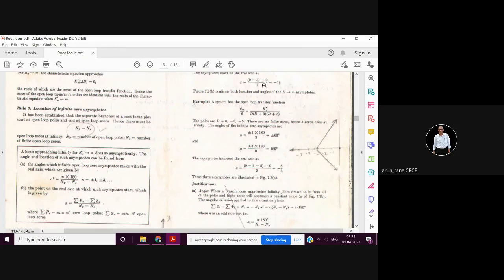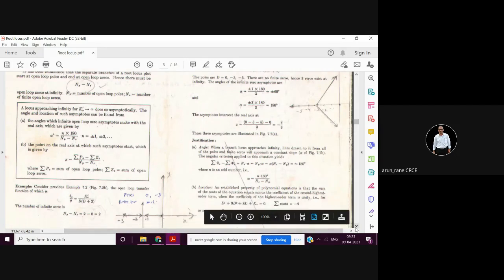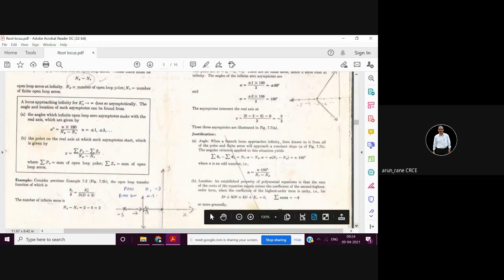So that is equal to minus 1.5. So your asymptotes will start at minus 1.5, and one will go at positive 90 degrees and another at negative 90 degrees. So the angle of the asymptote is 90 degrees.